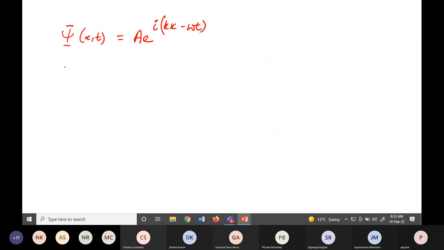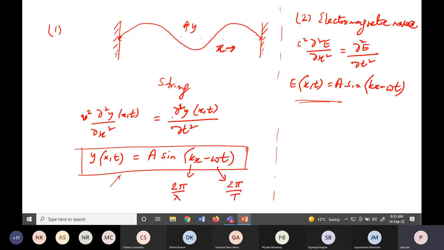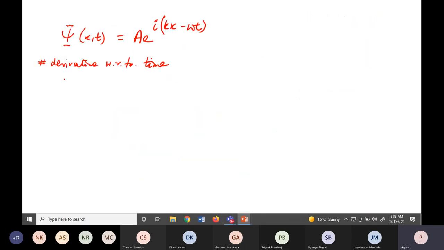So he took the derivative with respect to time. Okay, one is the derivative with respect to time, because you see one part is with respect to time and one part is with respect to space, right?